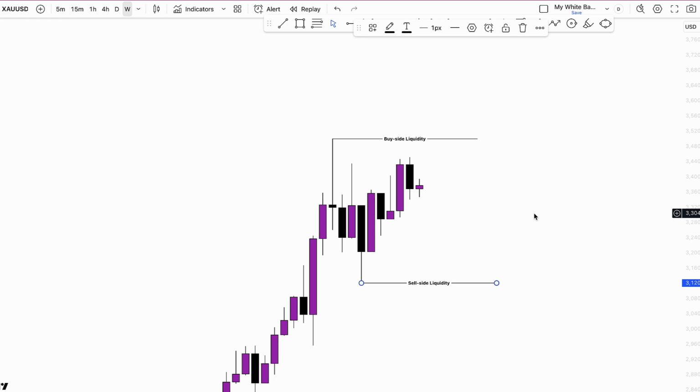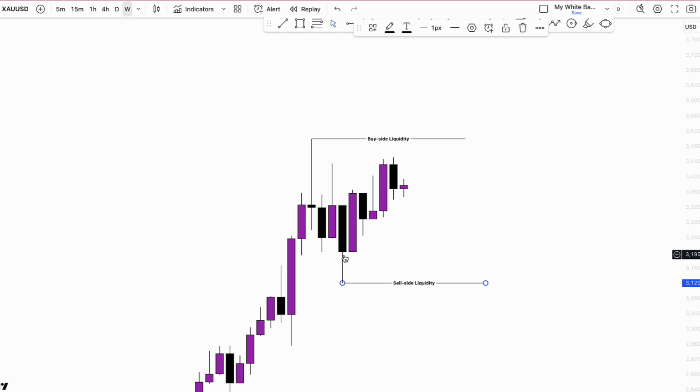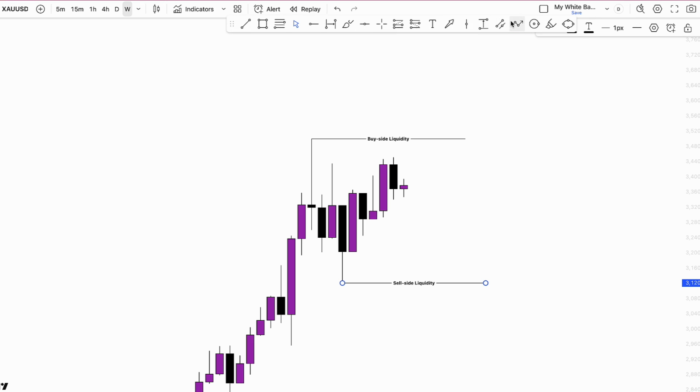Price is literally going to the buy side liquidity because we have had a series of buying pressure prior to that. The chances that price is going to go to the buy side liquidity is high because everything here is indicative of the fact that price is about to go into the buy side liquidity. And that is where I will get all my analysis from.